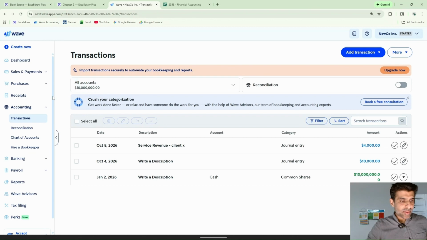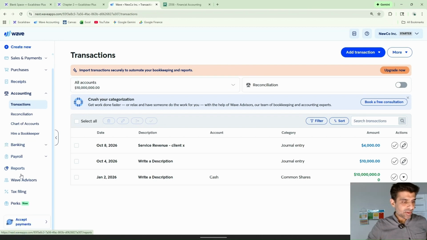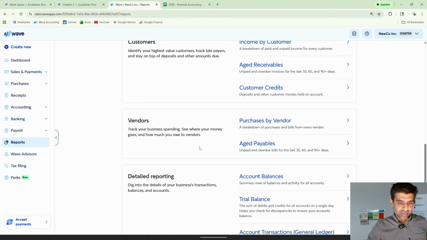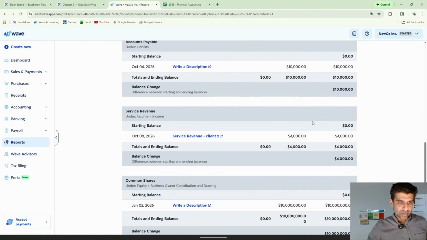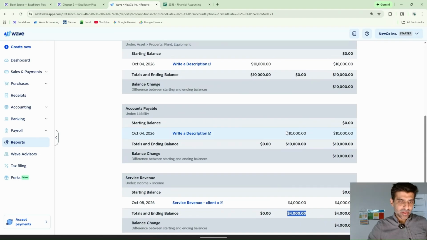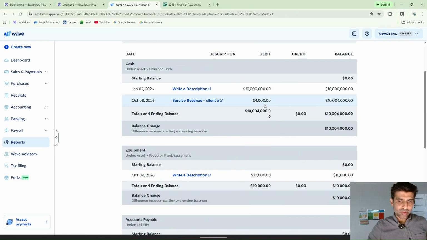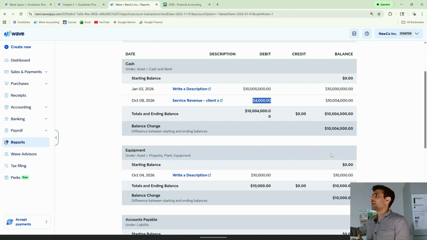Okay, so now let's see that appear in the balances. Okay, so you can now see under service revenue, we now have a credit balance here, 4,000, and the cash balance went up too, right? We got this 4,000 in cash that came in. So it's automatically posting it, right?